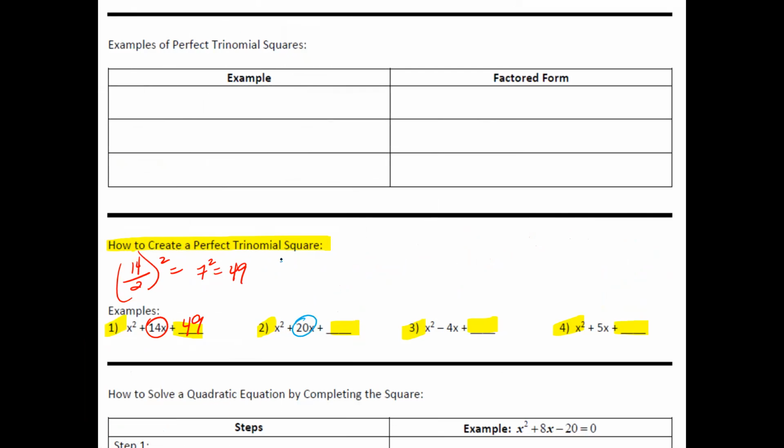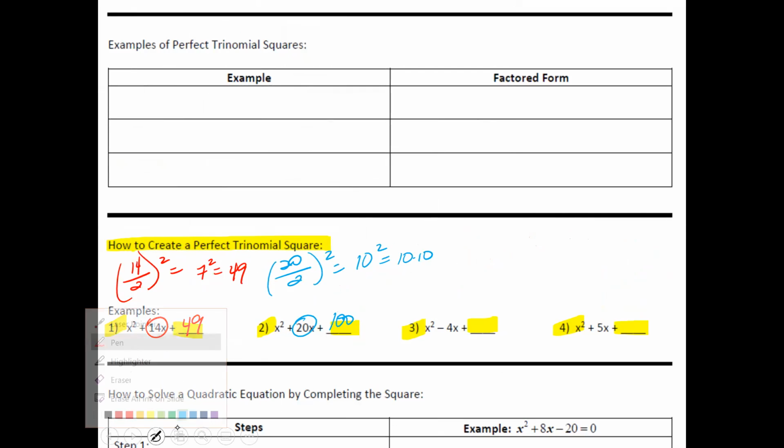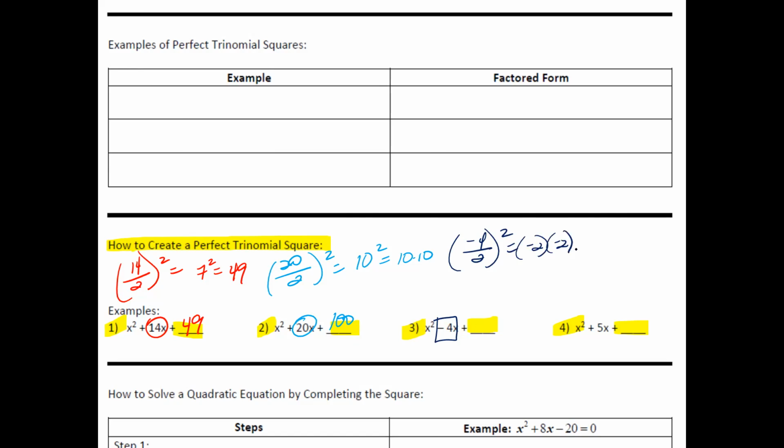Next, you take the middle number, which is 20, divided by 2, square it. 10 squared is 10 times 10, and that gives you 100. Next one, your middle number is -4 divided by 2, square it. So -2 times -2 is +4.